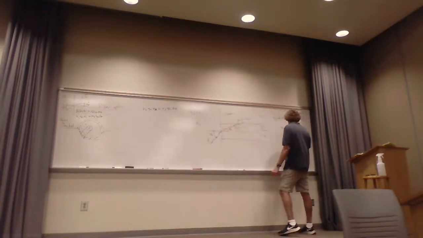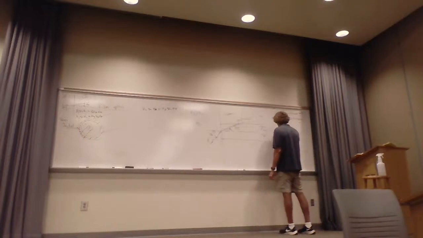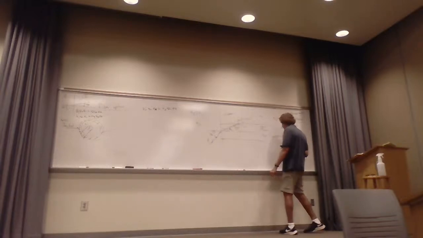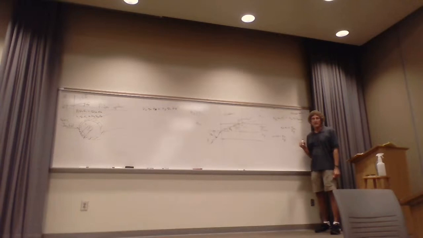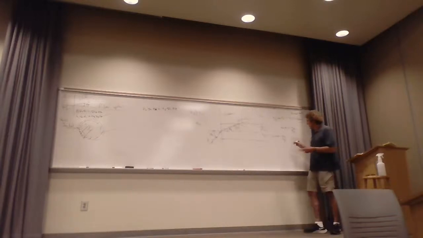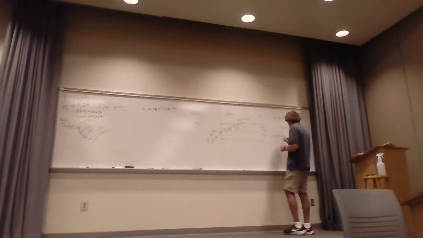So I could replace this as cosine of theta B is equal to NC over NF. Y'all agree with that? Right? Because it's a right triangle. And also, I can square both sides.